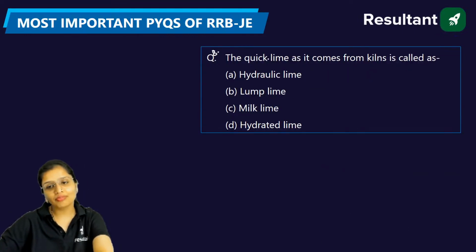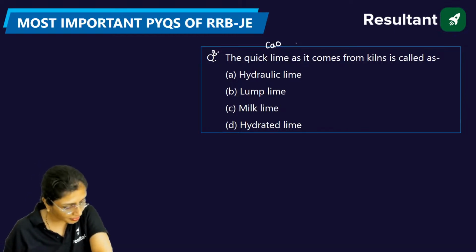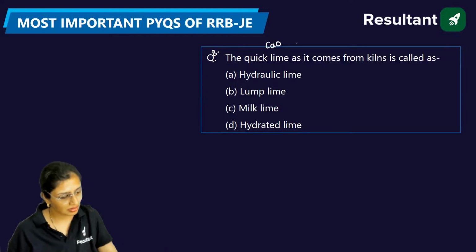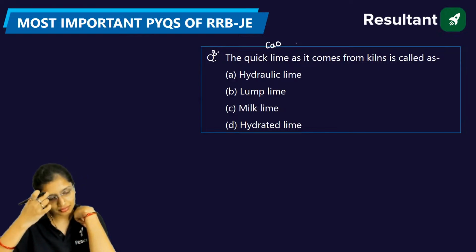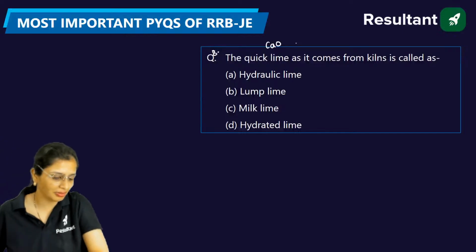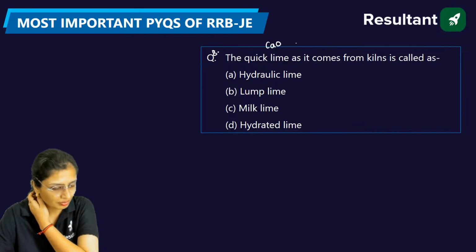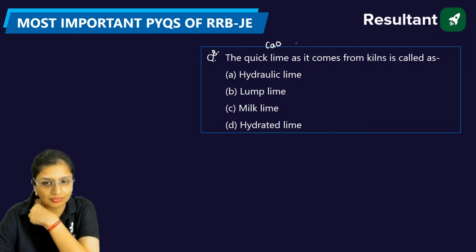Now this one. Quicklime is calcium oxide. When it comes out from the kilns, what do you call it? It comes out of the thermal treatment process, thermal decomposition.